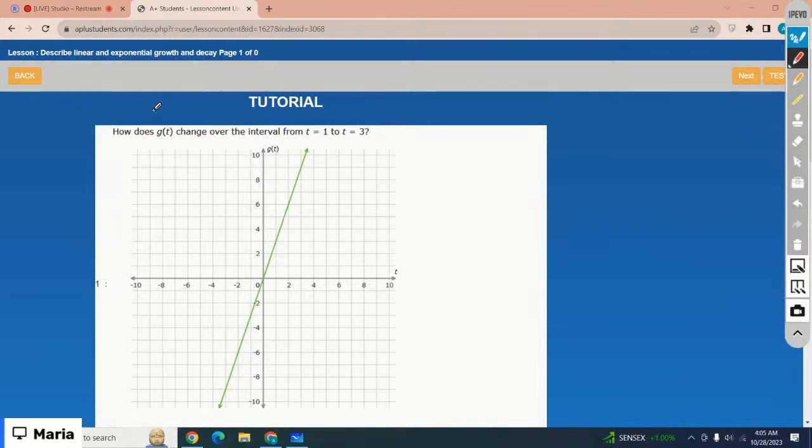Okay, here is t equals 1 and here is t equals 3. When t equals 1, g of 1 equals 3. When t equals 3, g of 3 equals 9, right?